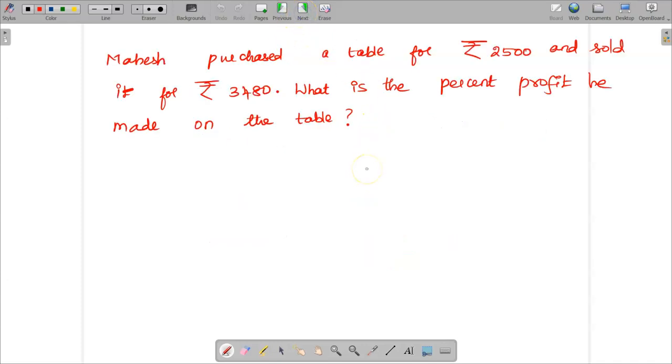Let me see problems on that, one on profit percentage and one on loss percentage. Magesh purchased a table for 2500 rupees and sold it for 3480 rupees.